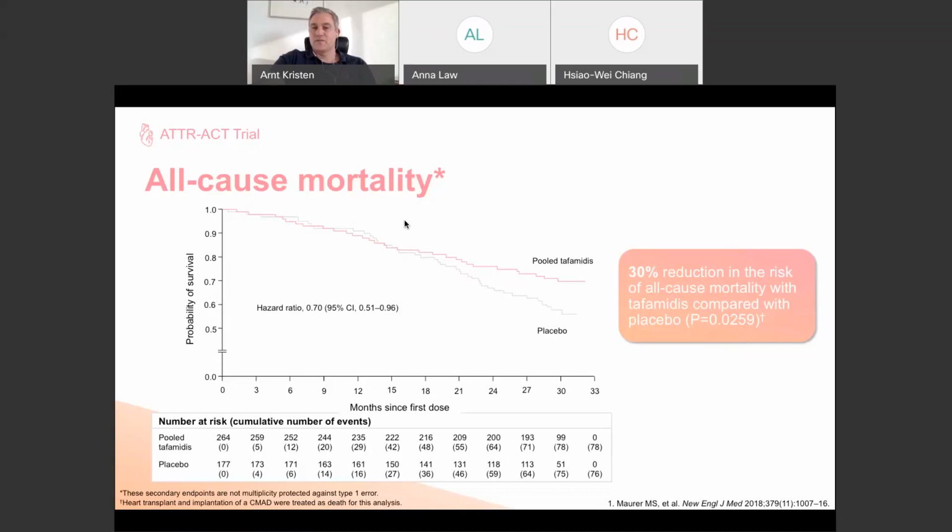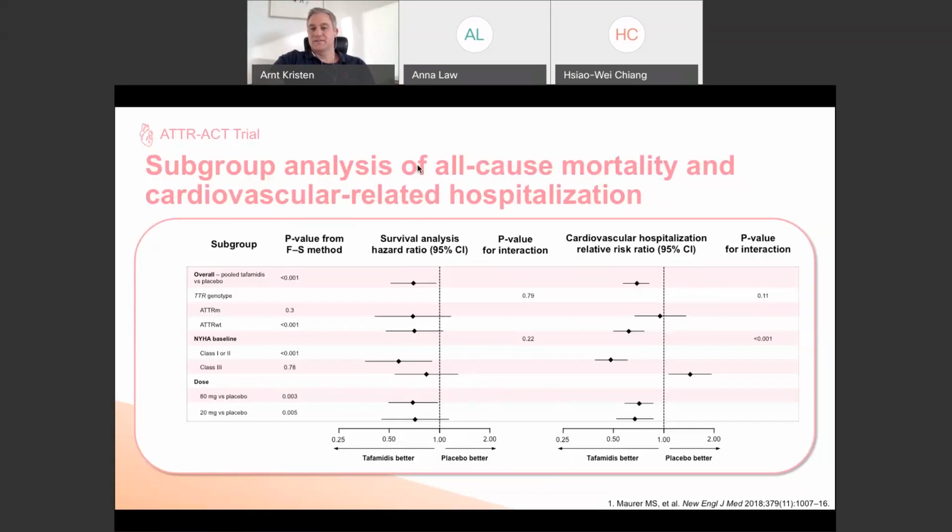Let's have a look at some group analyses, which are shown here. There was no difference regarding the dose, regarding survival and the frequency of cardiovascular-related hospitalizations.